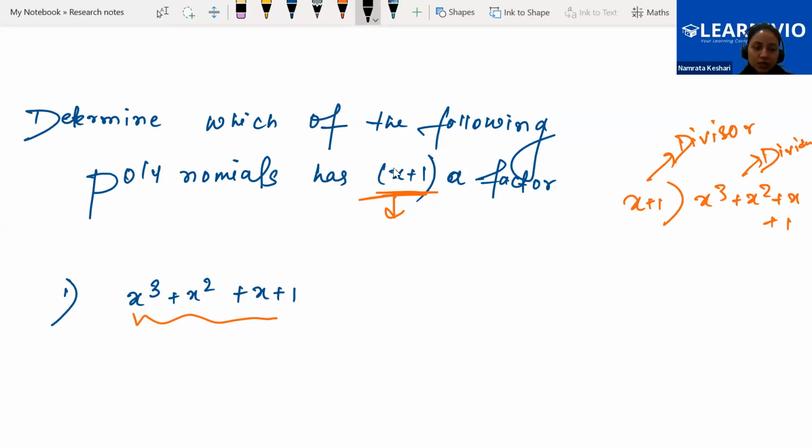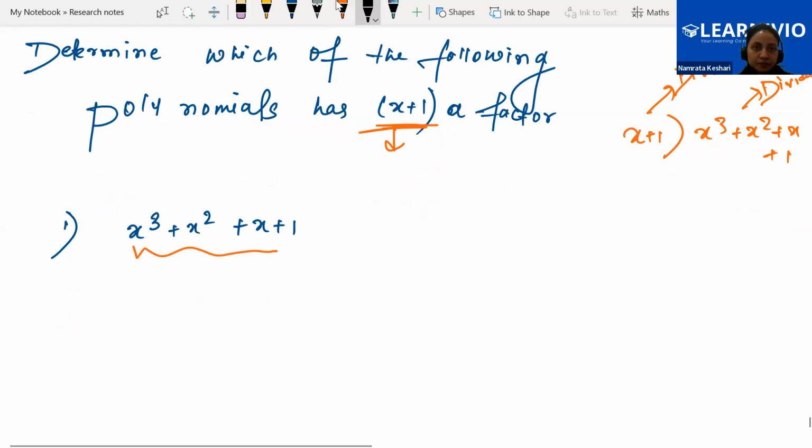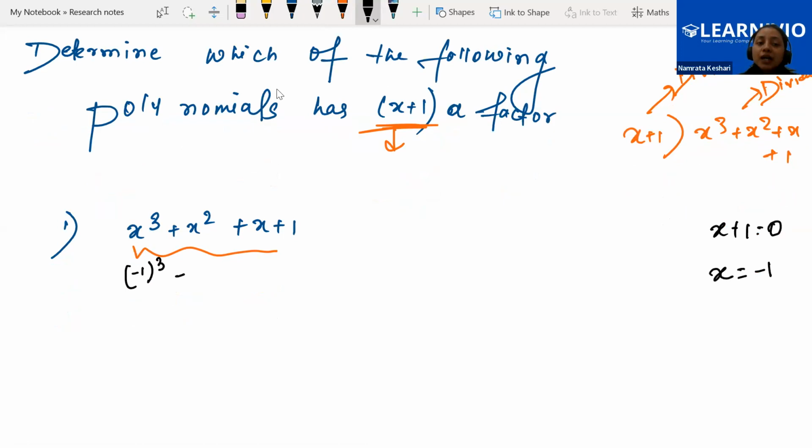Yes, we will be taking x plus 1 equals 0, and we are going to get x equals to minus 1. So x equals to minus 1 is the zero of this divisor. That particular x value we will be putting in our polynomial, and if the final answer comes out as 0, final answer means remainder.